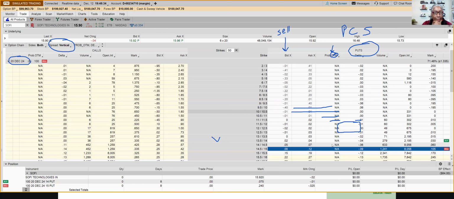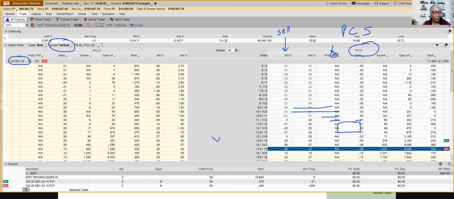Will we be assigned? If your account is big enough to hold 100 shares at $15, then you could be assigned.